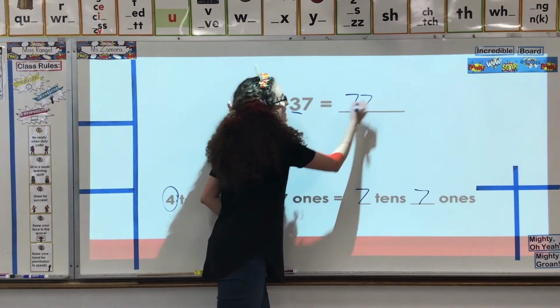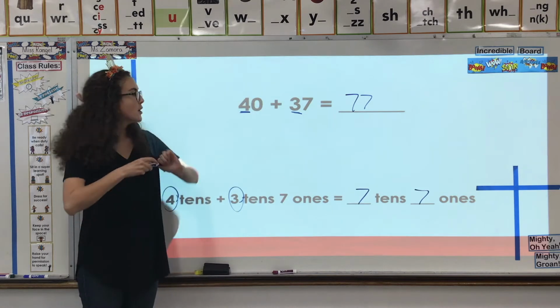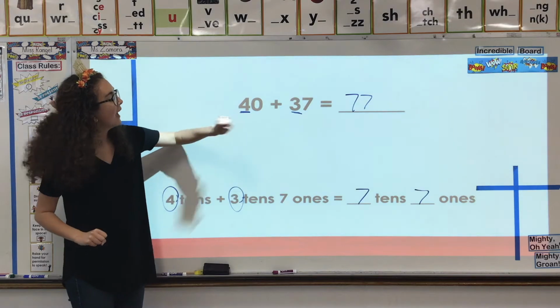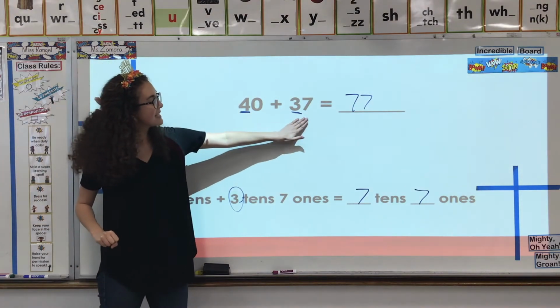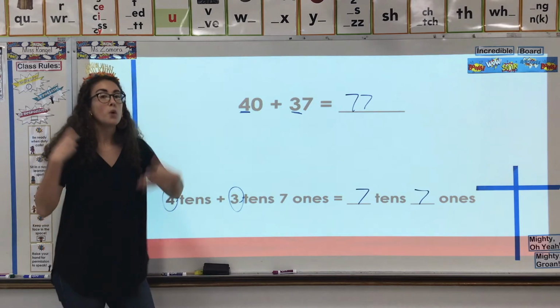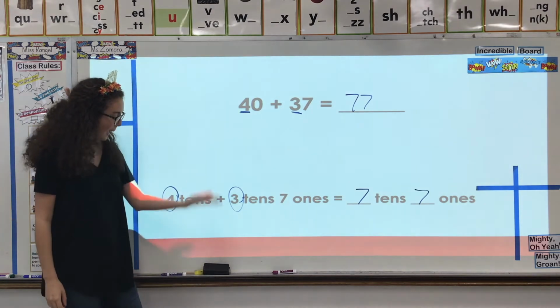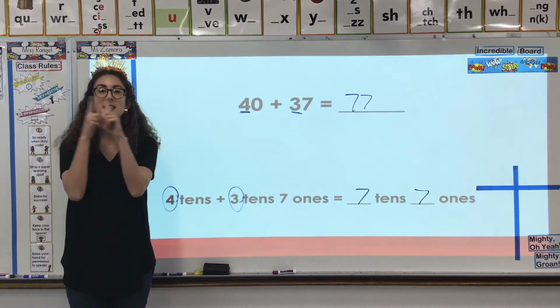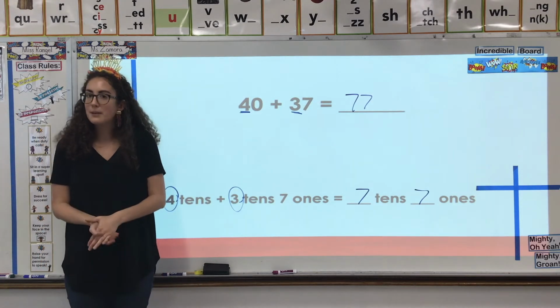It is 77. So altogether, our completed sentence reads 40 plus 37 equals 77, which we were able to solve by adding 4 tens to 3 tens, those numbers that were in the same place.